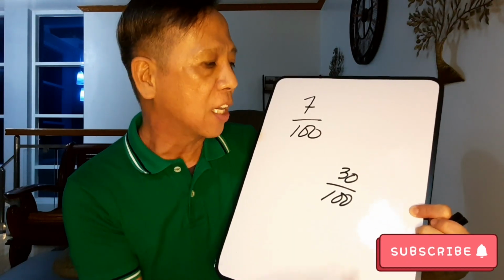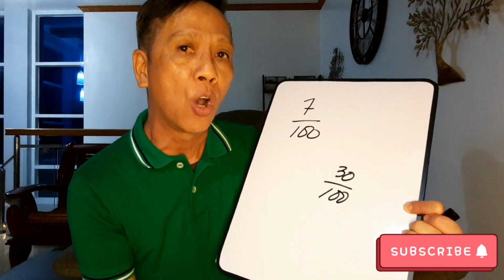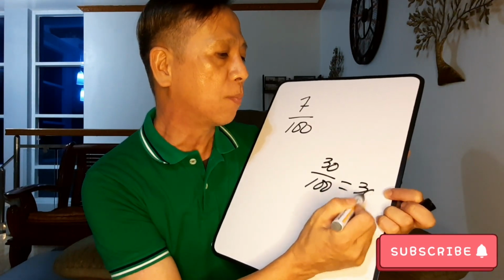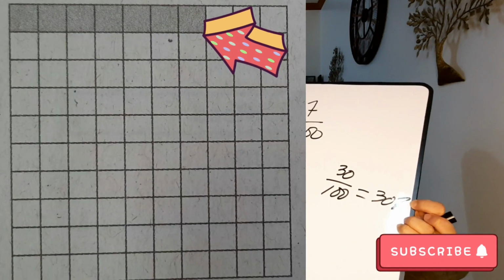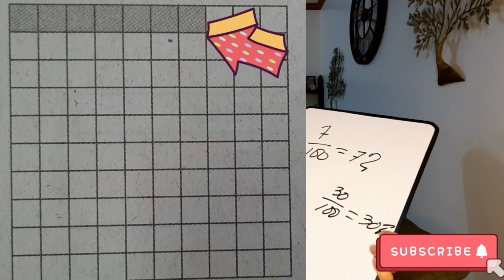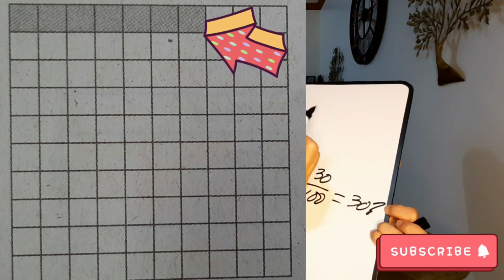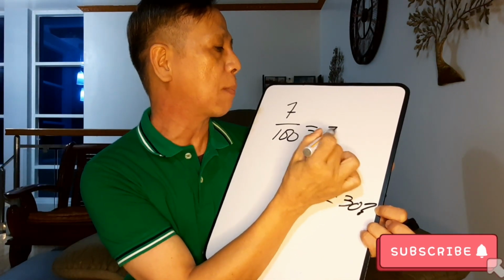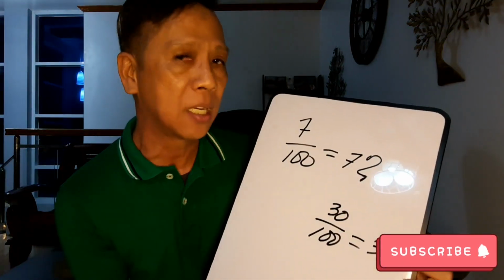This means that you got 30 correct items out of 100 items. Or this is equal to 30%. Ngayon, yung naka-flash sa screen nyo, the shaded portion is 7 small squares out of 100. Therefore, the shaded portion is 7% of the total number of small squares.